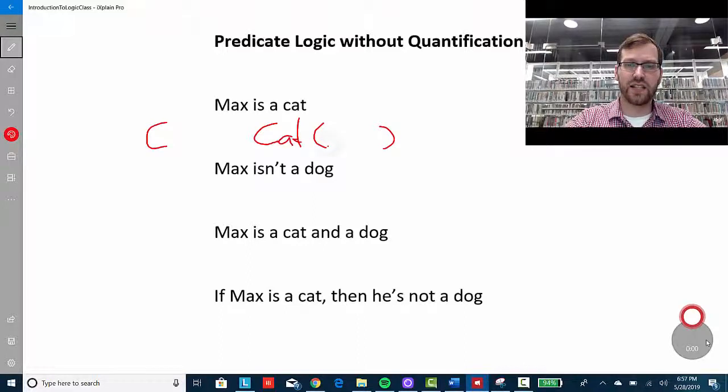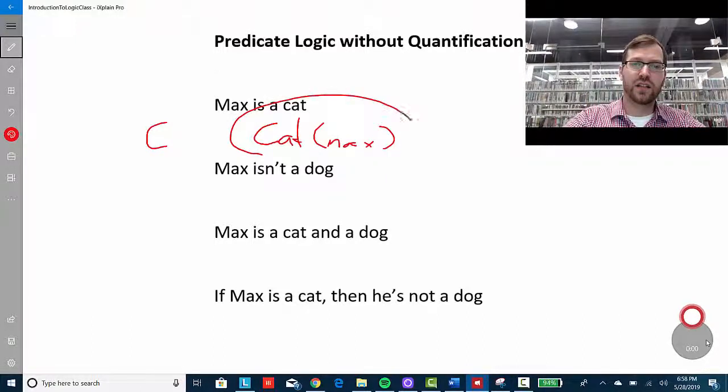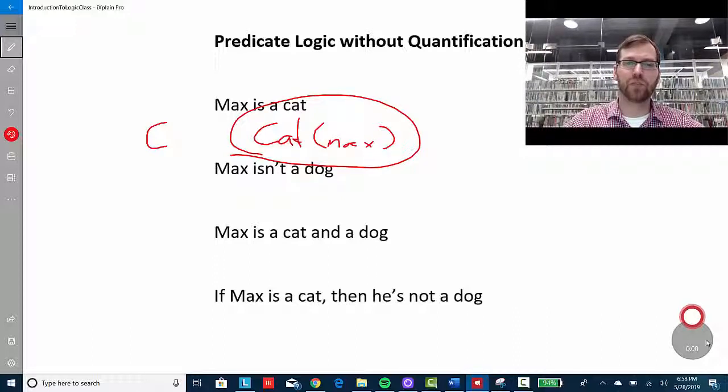In this case, it's Max. So in first order logic, the way that we could represent Max as a cat is this way. It just says the same thing as Max is a cat.